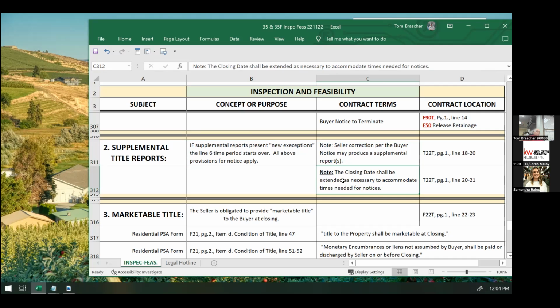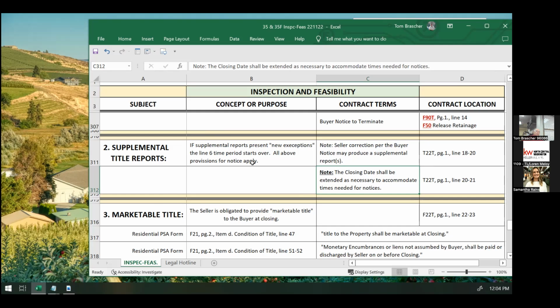And if the time clock goes past closing, the provision of the title report is that the closing date shall be extended as necessary to accommodate the time needs for notices for the buyer. So this title report has a lot of things going on in it that we need to be aware of and to protect our buyer.